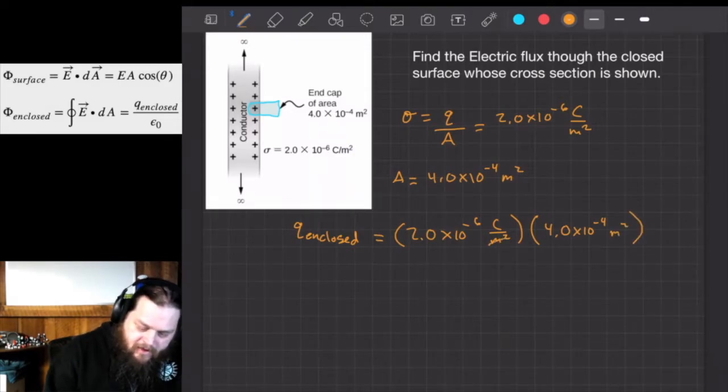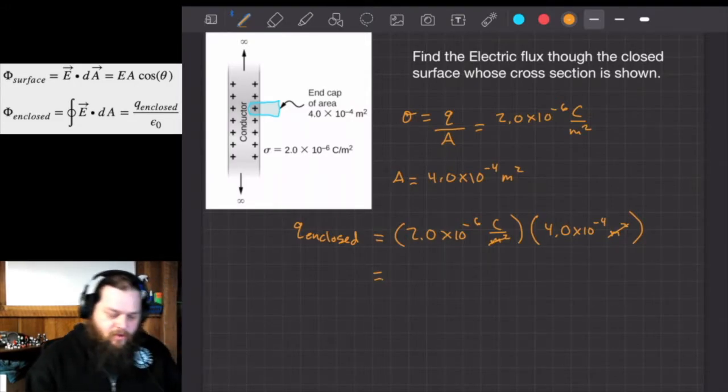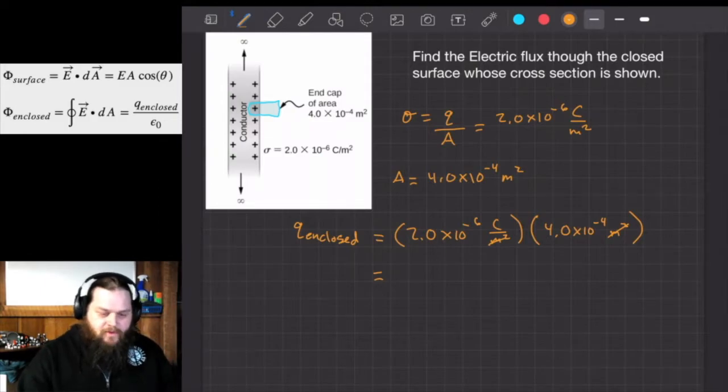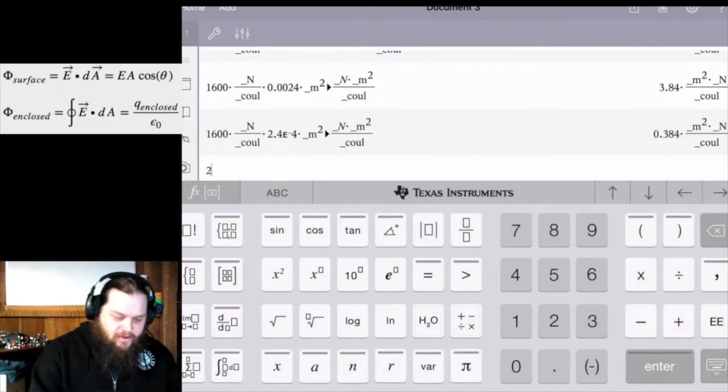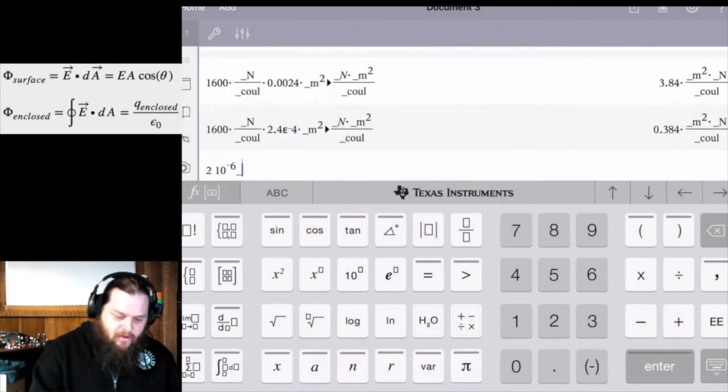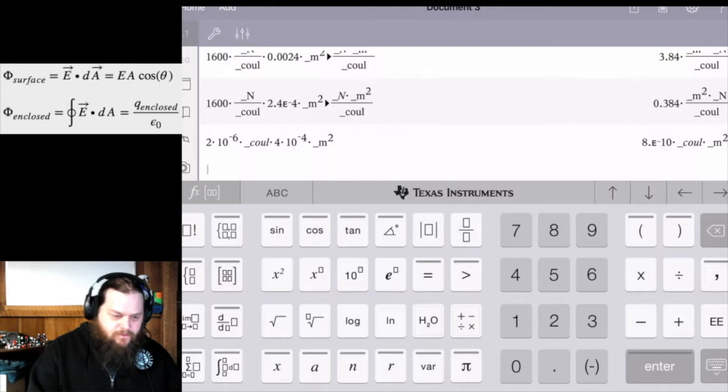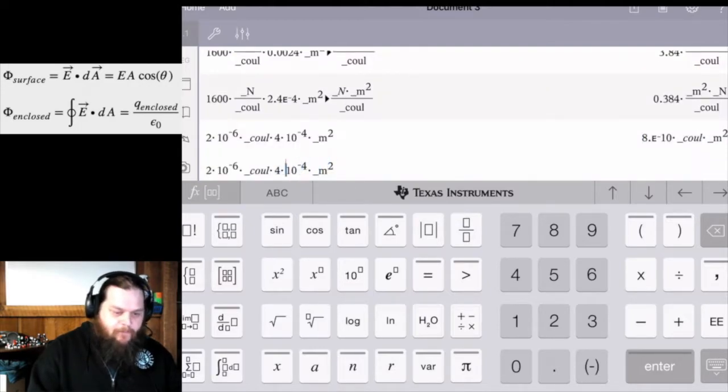And looking at our units, the meters squared are going to cancel out. So that's 2 times 10 to the negative 6 coulombs per meter squared, times 4 times 10 to the negative 4 meters squared.